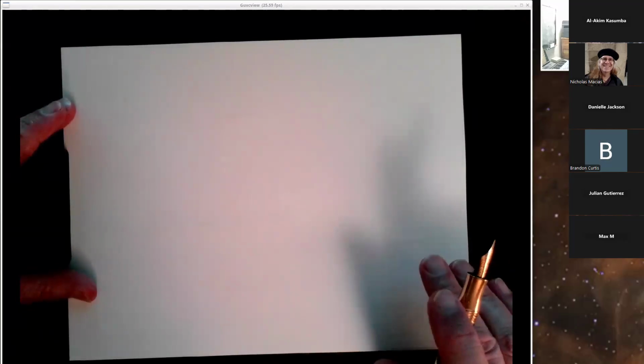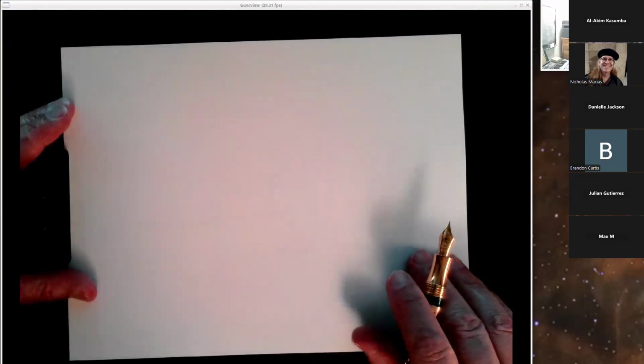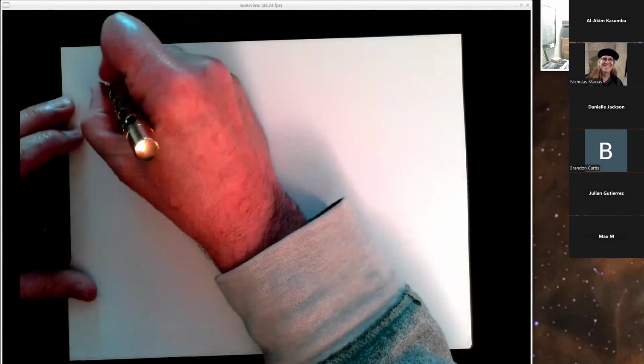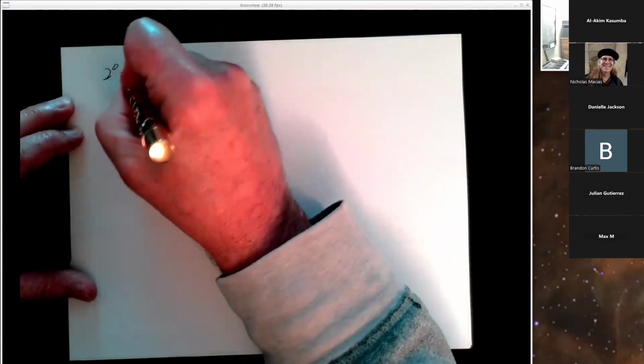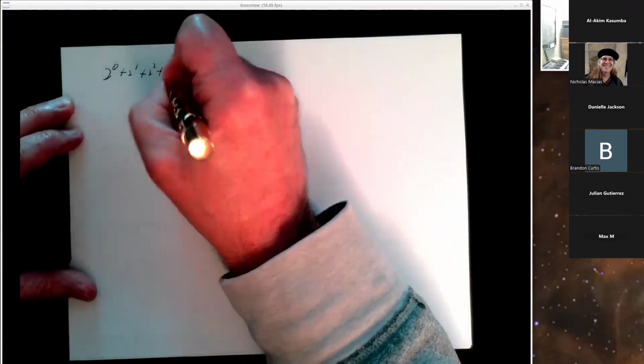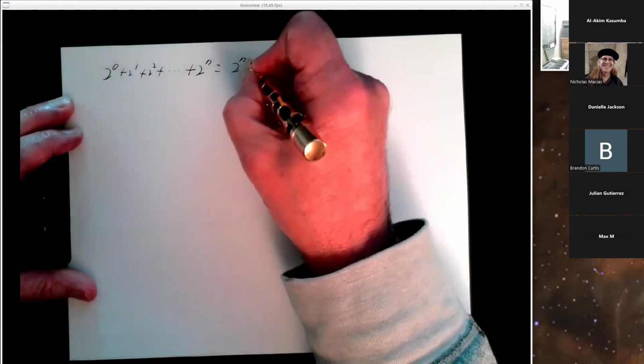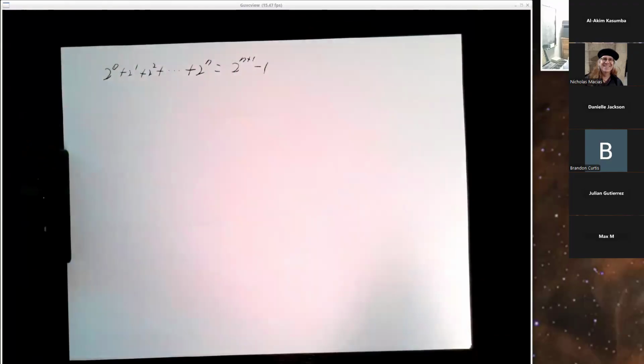So there's a fact we bump into in computer science fairly often, which is this. If you add up the powers of 2 from 0 to n, you get 2 to the n plus 1 minus 1.